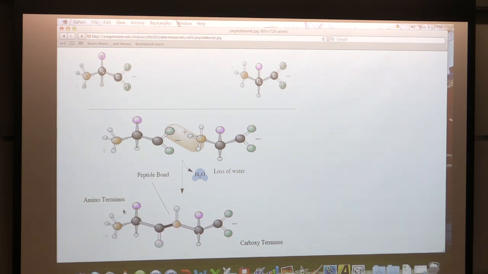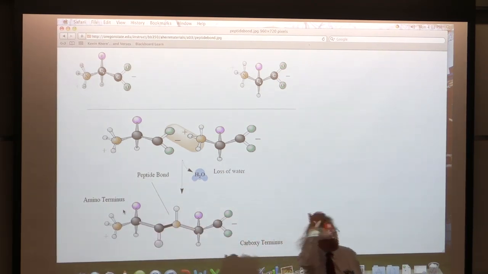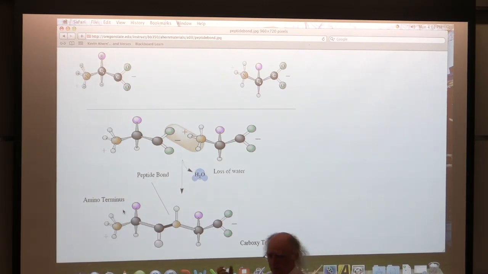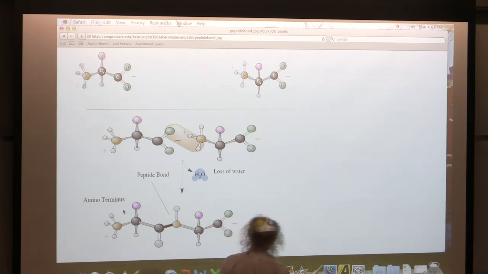There's the peptide bond. Now, one of the things I would say briefly about this bond is this bond gives proteins some properties because of its unusual nature. The unusual nature of this bond is that this bond behaves somewhat like a double bond, not like a single bond.